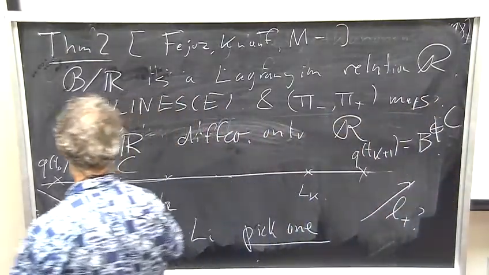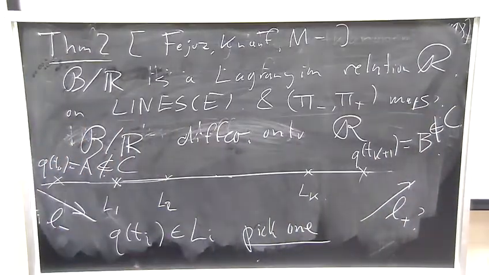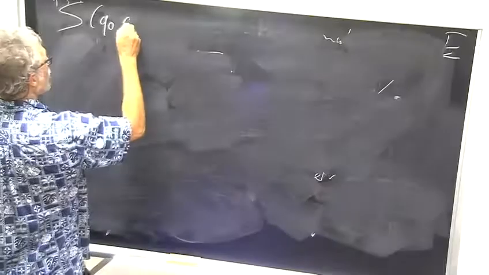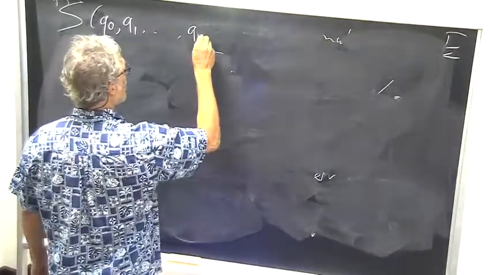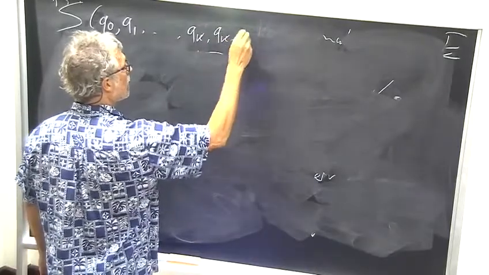Now I'm going to look at the path length. Let's make first S of Q0, Q1, up to QK, QK plus 1.